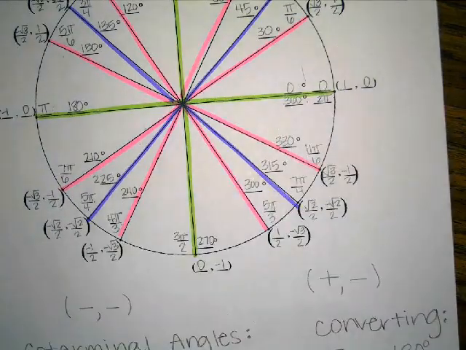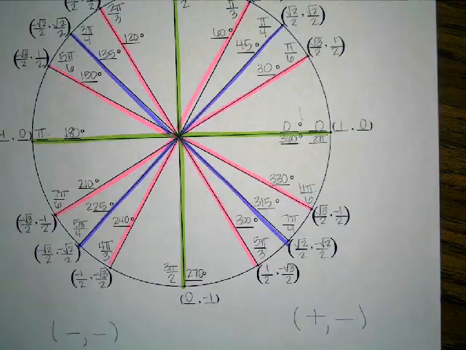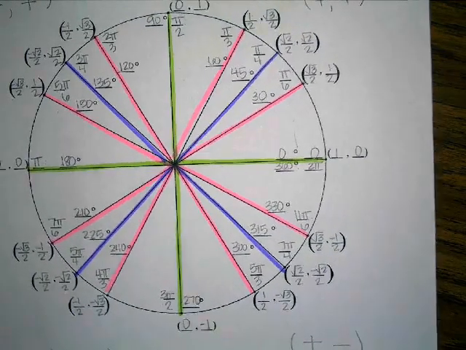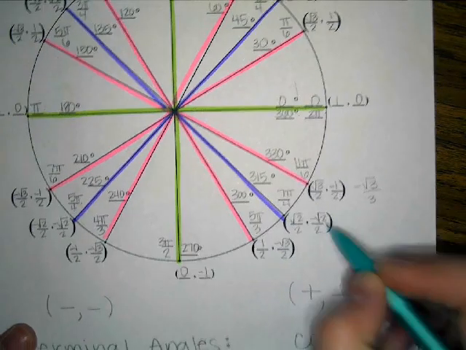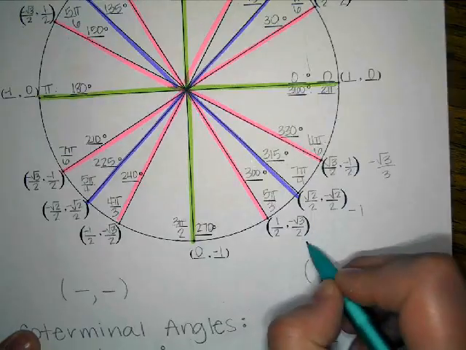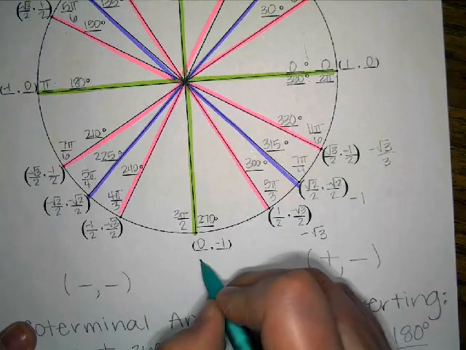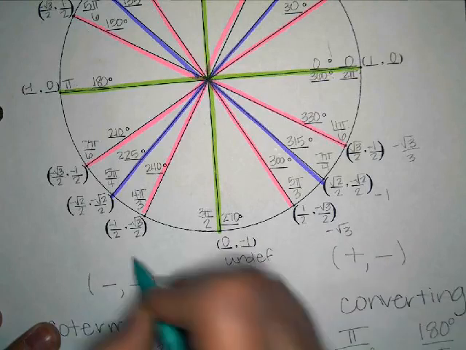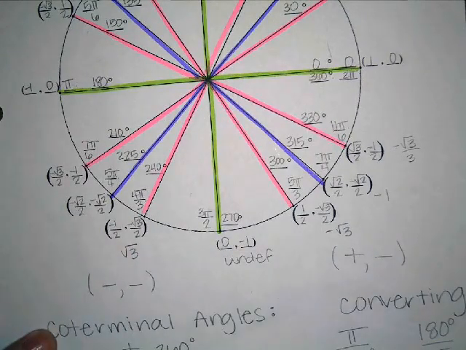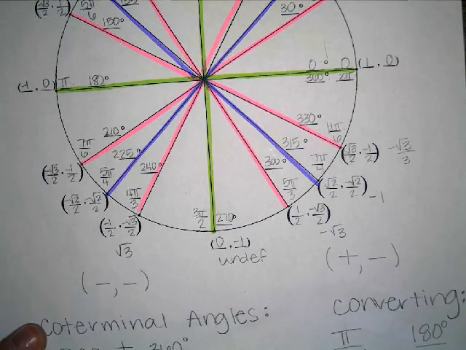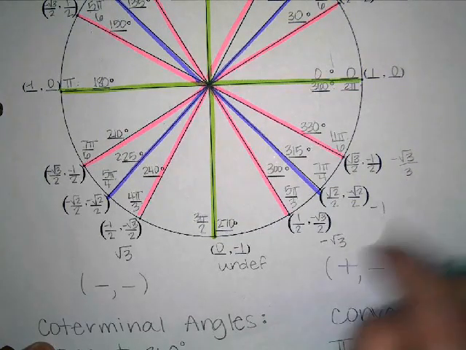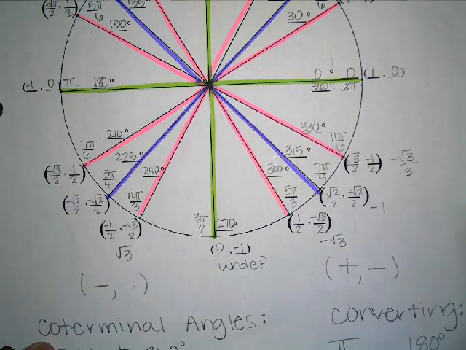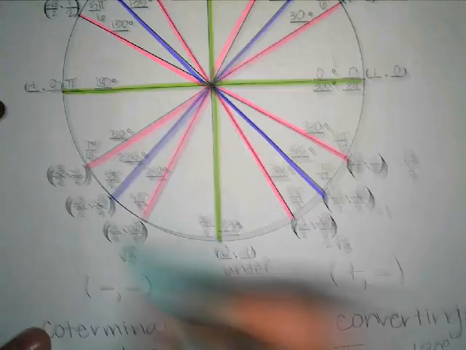But if you wanted to say like, this is negative root 3 over 3, this is negative 1, this is negative root 3, this is undefined, this is positive root 3, I don't think it's beneficial for you to have all these, because then you'd have to memorize them instead of being able to look at it and think about it. I'll write them down, but I think it could be dangerous to have them written down. I think it might be too much of a crutch.